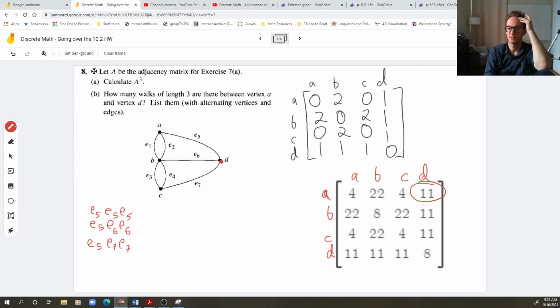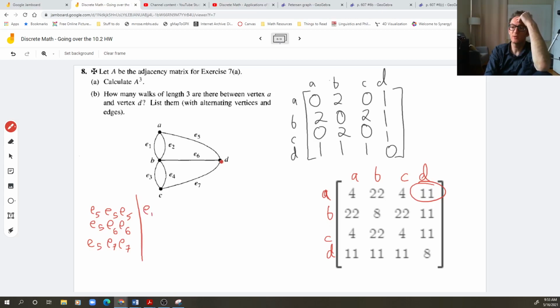Hold on a second. I see. So is that really just it? So okay, well that's one. Oh no. So E5, E6, E6. Okay, I guess I'll just keep going. I can do E5, E7. No, I did that already. Oh my gosh. What else is there? Okay, so let's do E1.